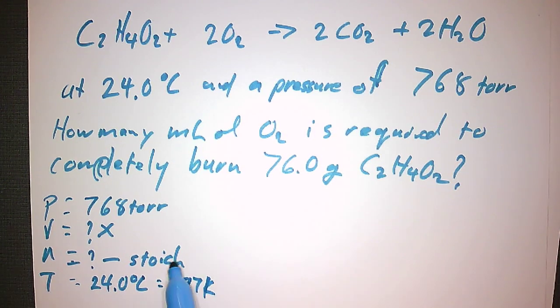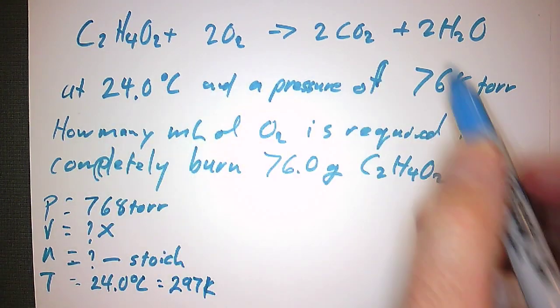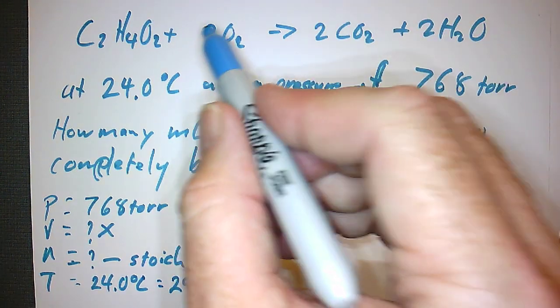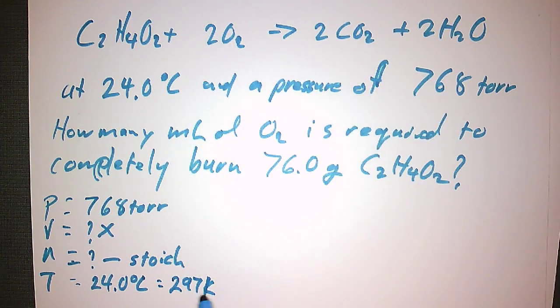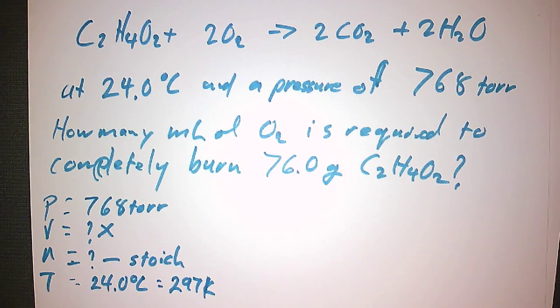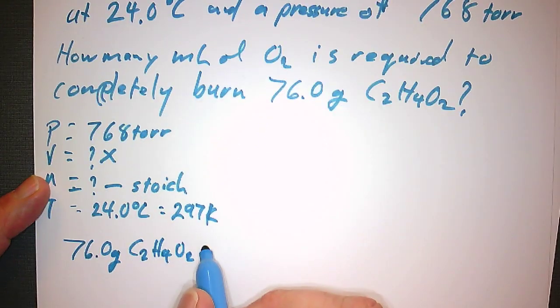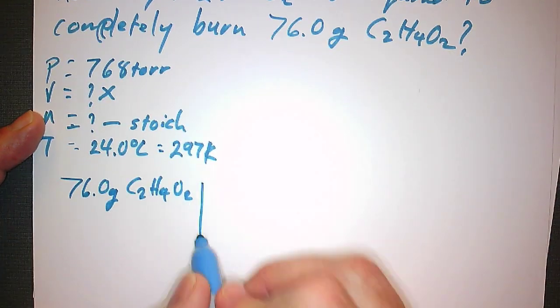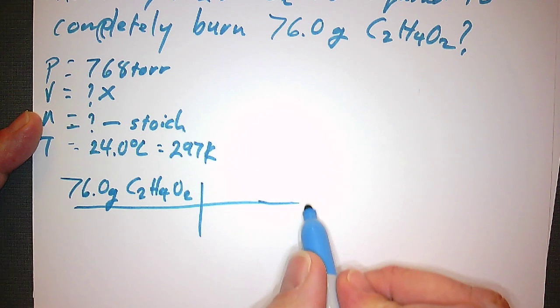Don't put the 1.5. So we have to do the stoichiometry to solve for our number of moles of oxygen. So we'd start with the 76 grams C2H4O2. And if I have grams here, where's it going to go on the next step?